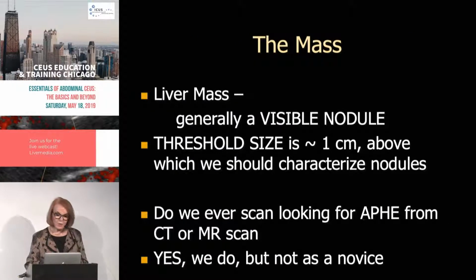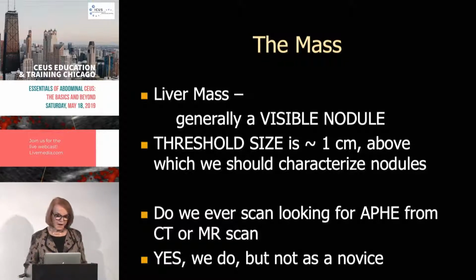Now, when we're doing a scan on ultrasound, we're generally focusing on a visible nodule. And there's a few comments that I'll make. The threshold size that we should consider as a good rule of thumb is to scan nodules that are 1 centimeter or greater. Now, do we scan nodules that are smaller?